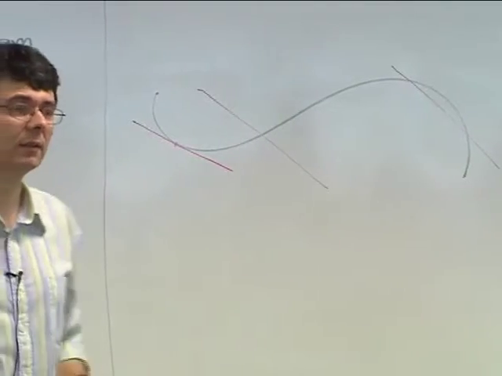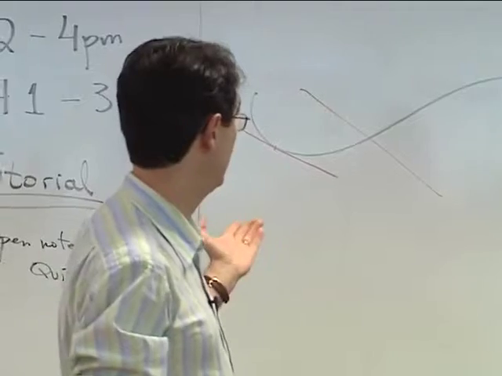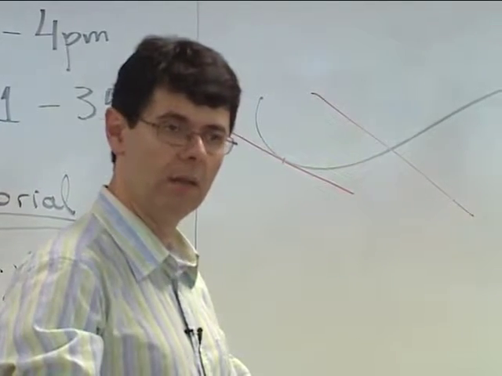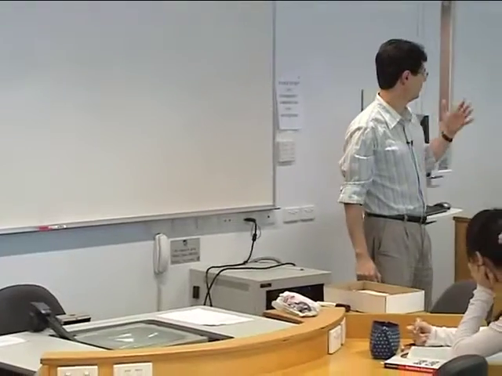Tangent. So if all you had to do is to look at a picture and tell me when it is tangent and when it isn't, I would expect that everybody would be able to do that. Do you understand what the notion is?